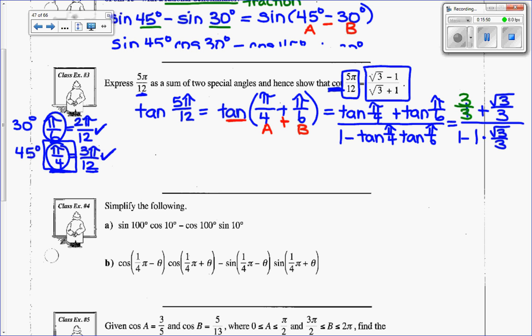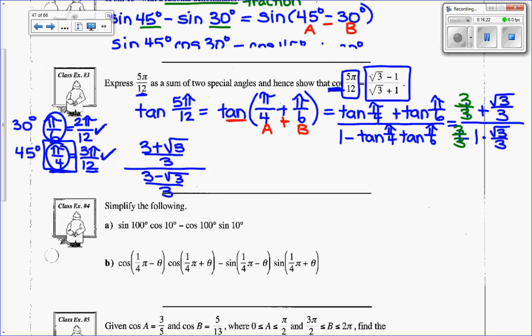So what I've really got on the top is 3 plus root 3 over 3. And then in the bottom, I've got 1 minus 1 times that. So again, 1 times that isn't going to change anything. But this again has to be 3 over 3. So I can go 3 over 3 minus root 3 over 3. So I'm going to have 3 minus root 3 over 3 on the bottom.